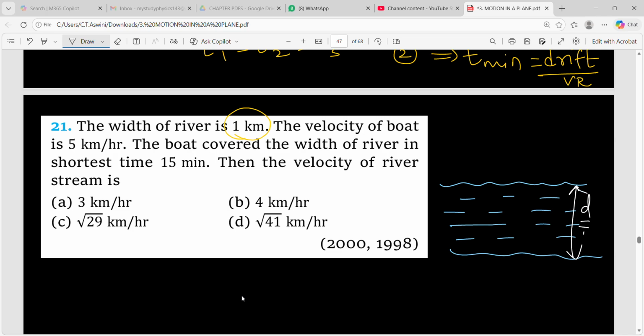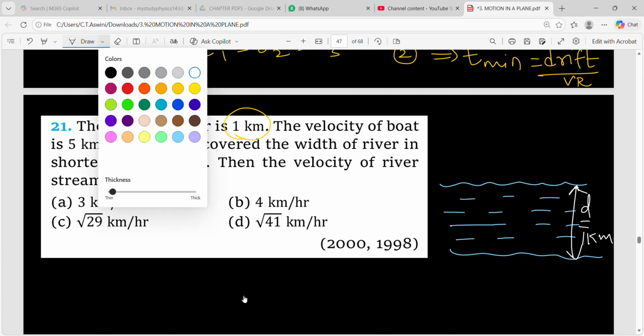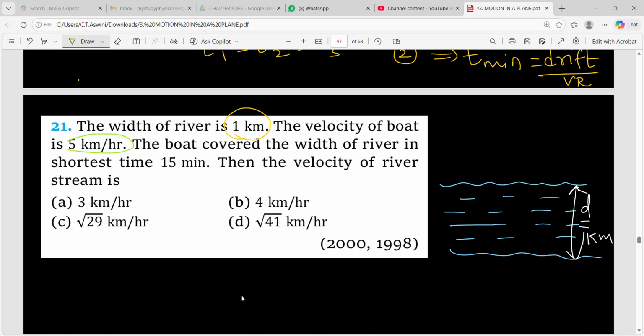D equals 1 kilometer. Fine. The velocity of the boat is 5 kilometers per hour. The boat covered the width in the shortest time. That means how was the boat moving actually? Along AB. So this is A, B for shortest time.